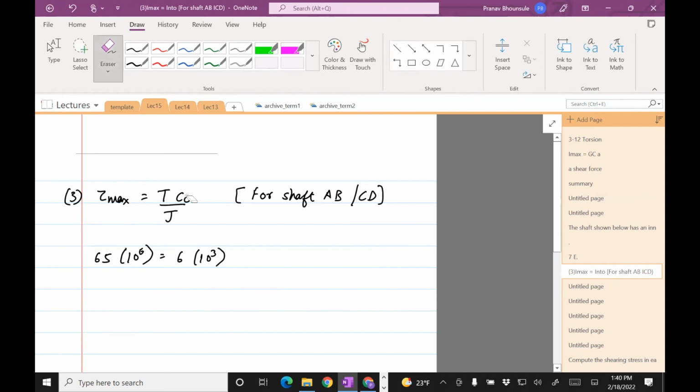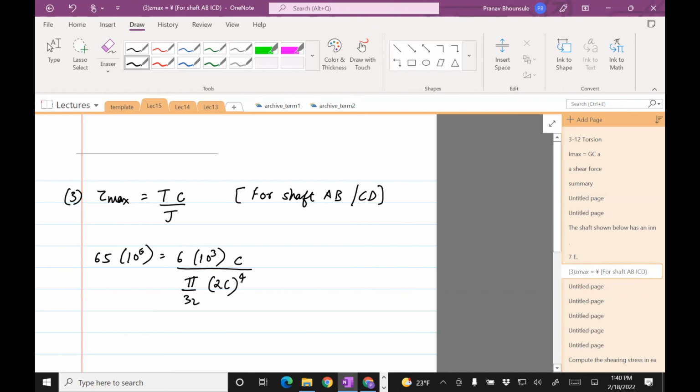In this case, I shouldn't have put C outer, it's just C. There's no inner and outer, it's a solid shaft, not a hollow shaft. So that's C. And then by using table A18, we get the value for J. That's pi divided by 32 d raised to 4, but I want to convert that to radius.